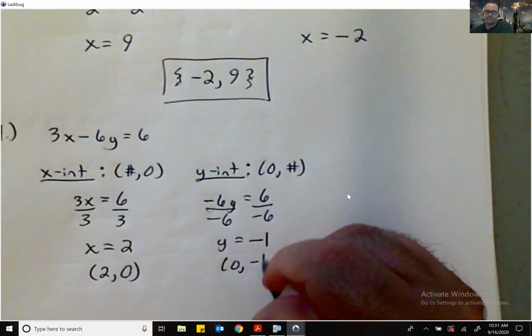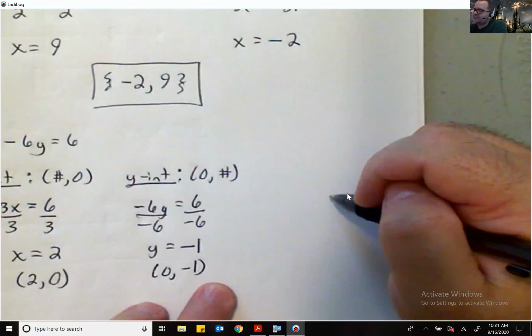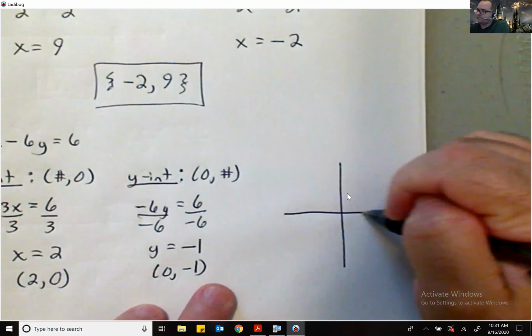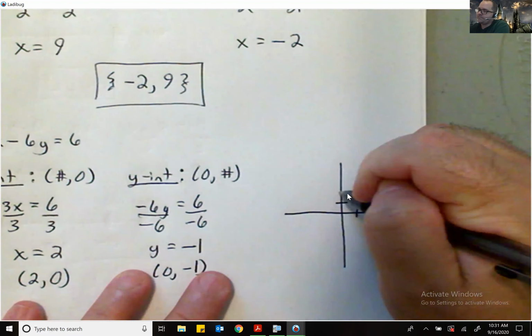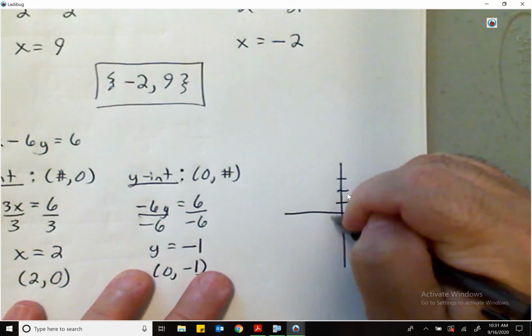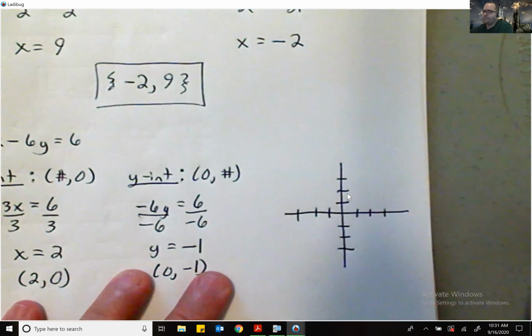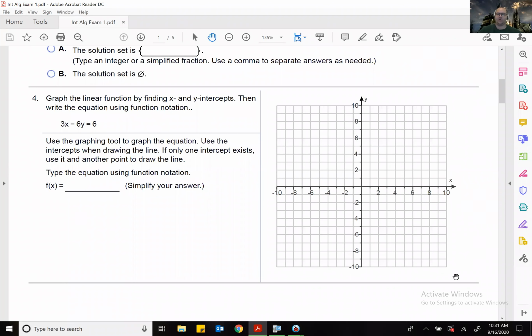And you can graph. So I'm just going to make a makeshift graph over here. It doesn't have to be a very big graph. When you get into my math lab, remember that once you click on the graph, there's going to be a toolbar that shows up below it.